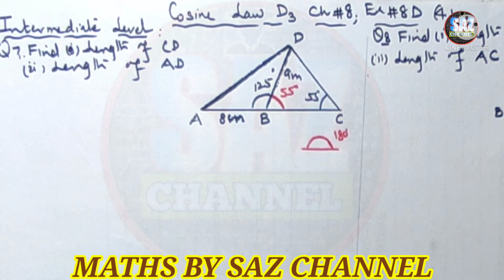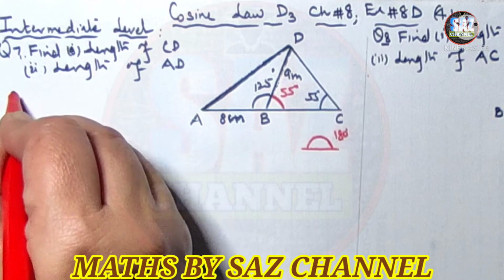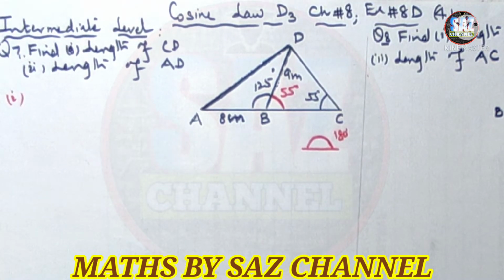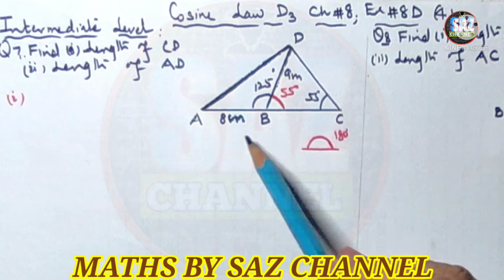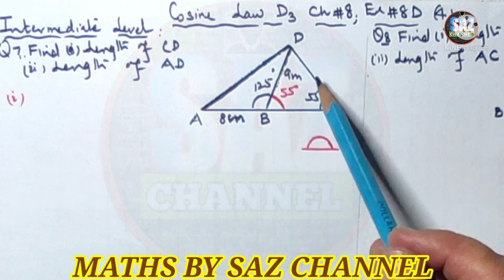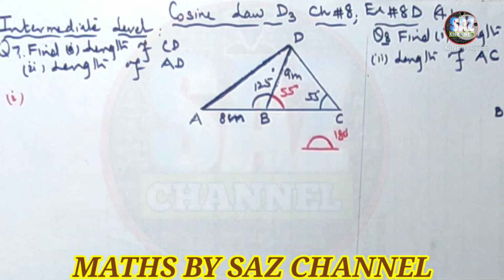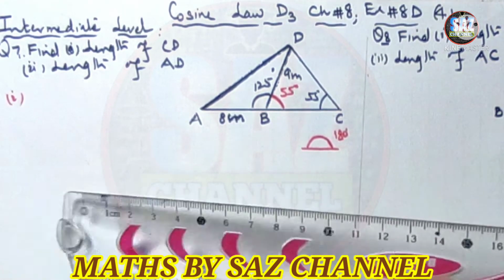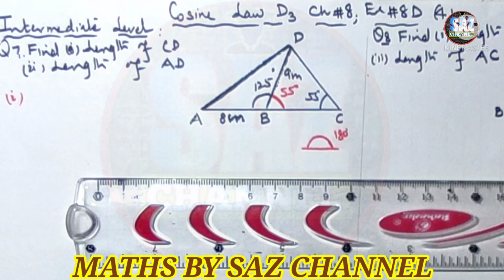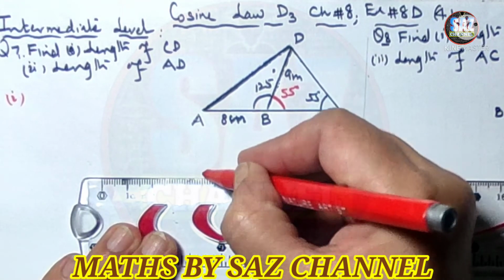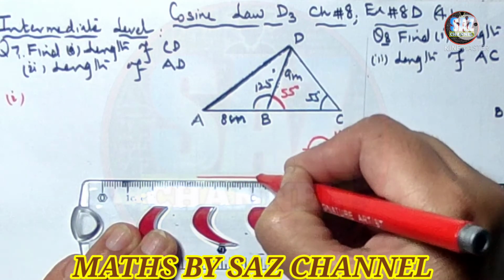Now look, the first requirement of the question is the CD length. In order to find CD, we have to focus on which part of this question or diagram we can find CD from. We can easily find CD from triangle CBD. So first, let's make a sketch for triangle CBD, so that students and examiner can easily understand which portion of the question we are talking about.